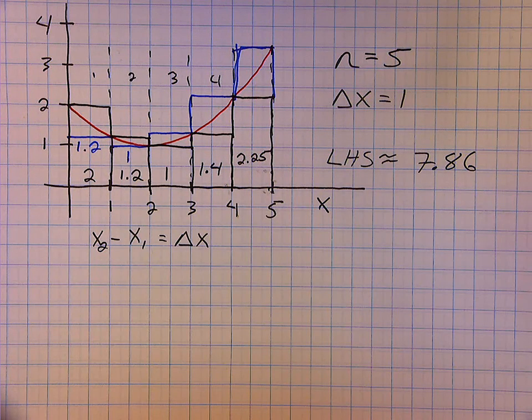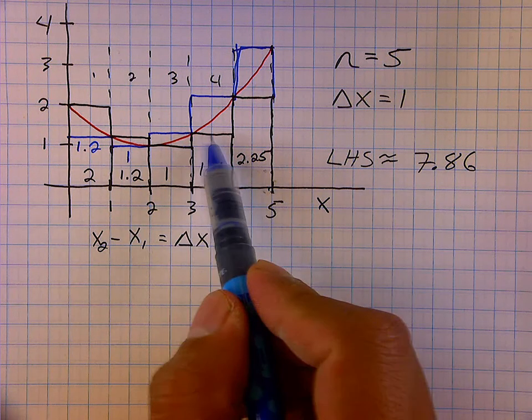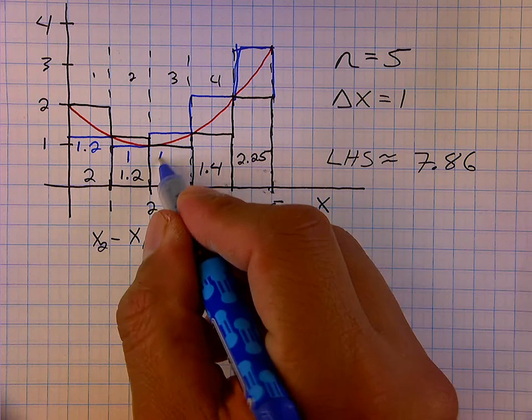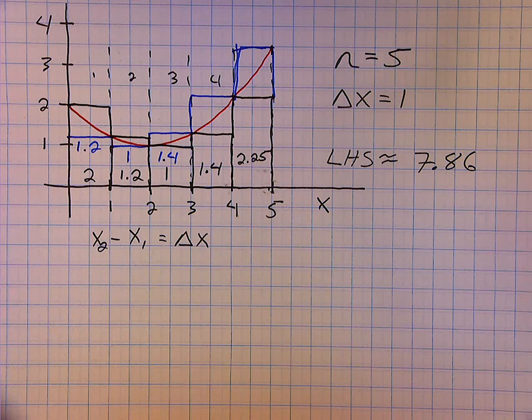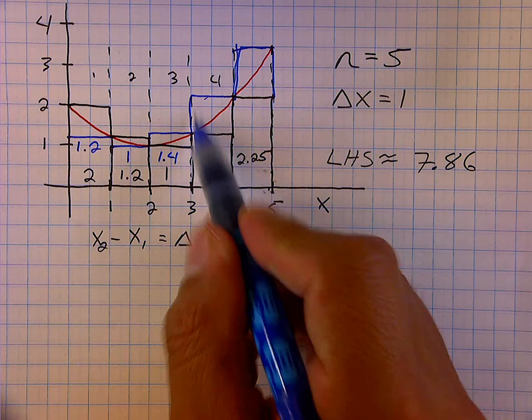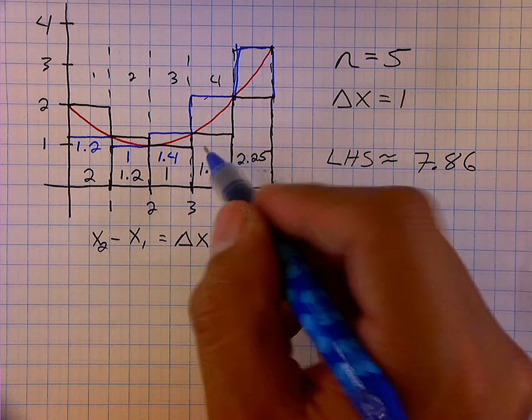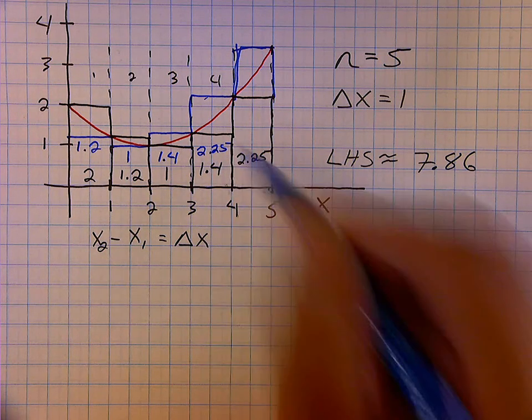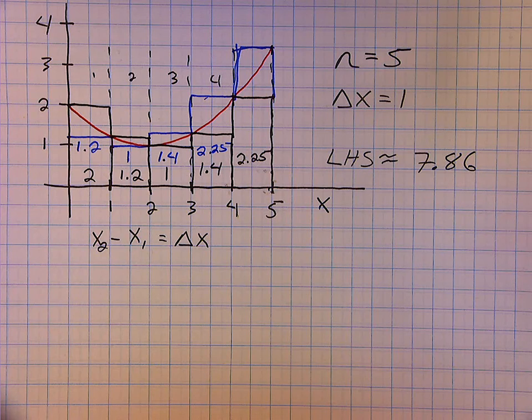Both have an area of 1 approximately. This blue rectangle is the same size as this black rectangle. Both have an area of about 1.4 square units. This blue rectangle is the same height as this black rectangle, with a height of about 2.25 units.